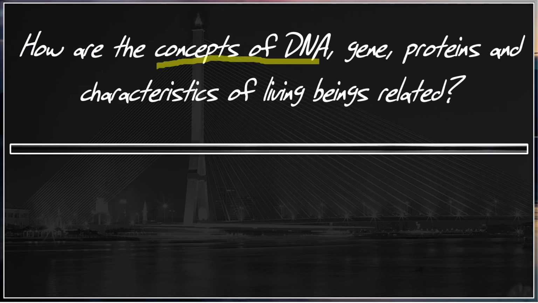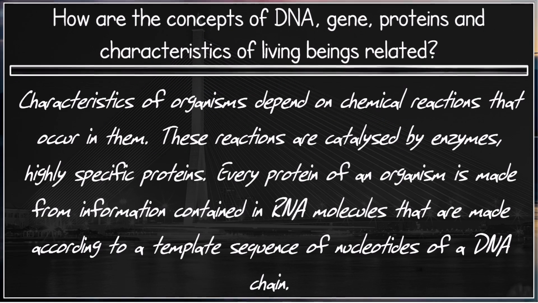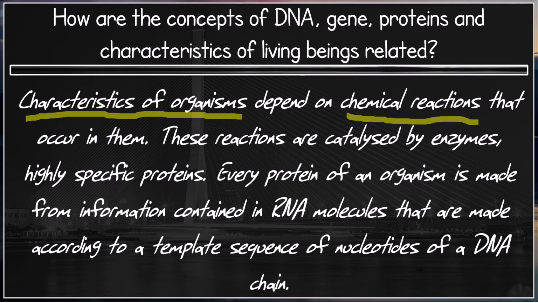How are the concepts of DNA, gene, proteins, and characteristics of living being related? Characteristics of an organism depend on the chemical reactions that occur in them. These reactions are catalyzed by enzymes, highly specialized proteins.